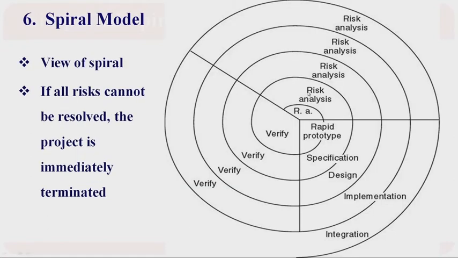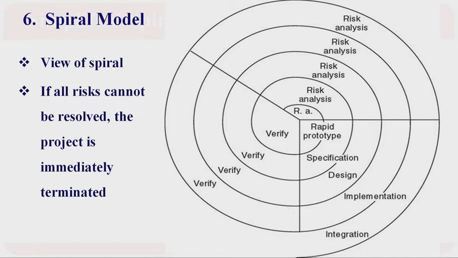And if any risk was found to be unresolved, the project will be immediately terminated to avoid bigger risk, bigger loss. So this diagram tells us that from the beginning of the project, risk analysis is to be done first. Well, if it's okay, then rapid prototype, and after this phase, the work should be verified.